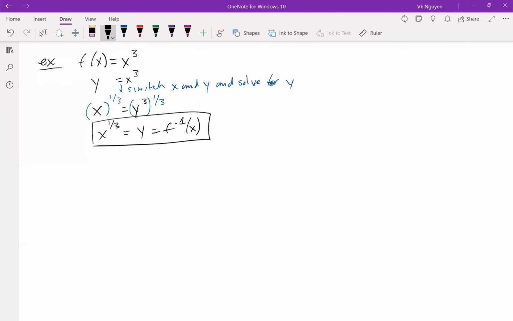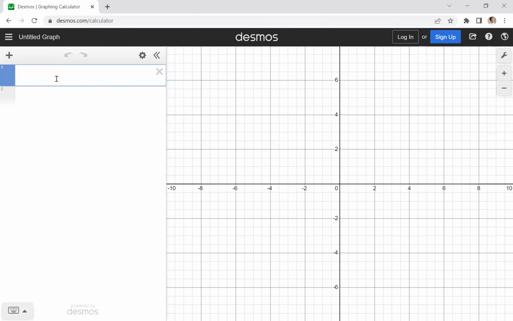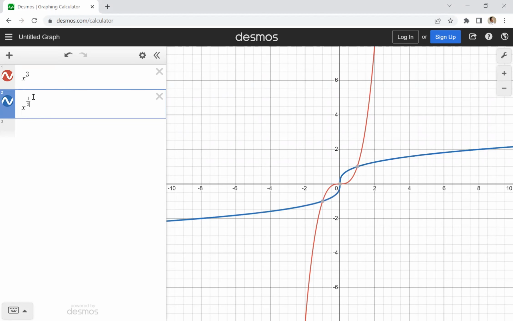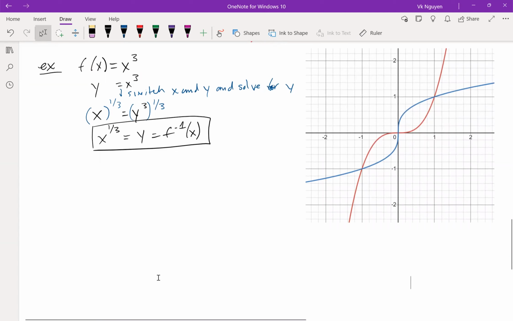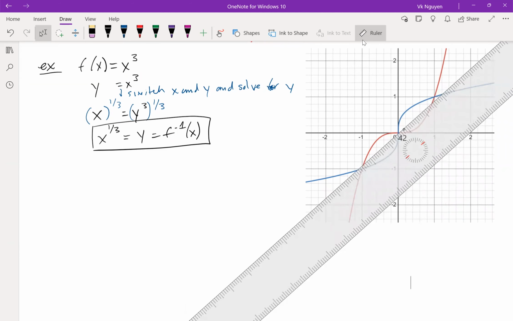Let's graph each one using Desmos. Desmos is amazing. So we have the first function is x to the 3. The second function is x to the power 1/3. And they are inverses of each other. Now take the ruler, sketch the line y equals x.